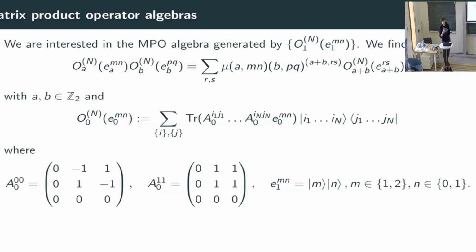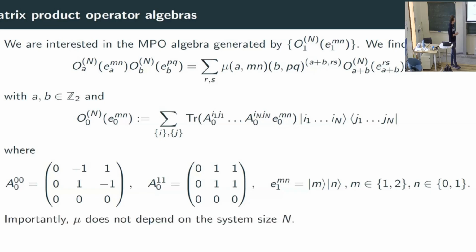So these MPOs generate an 8-dimensional algebra where the structure constants of this algebra are given by this mu. So again, it is not very important how I get to this point. The thing I mainly want to emphasize is that this is something very systematic. You can do this easily. This is very straightforward.